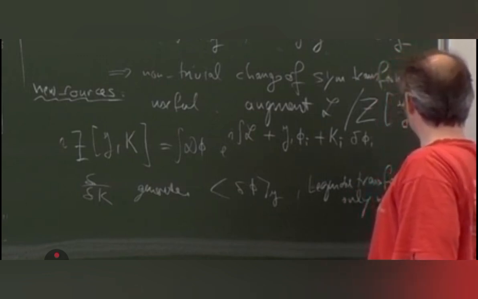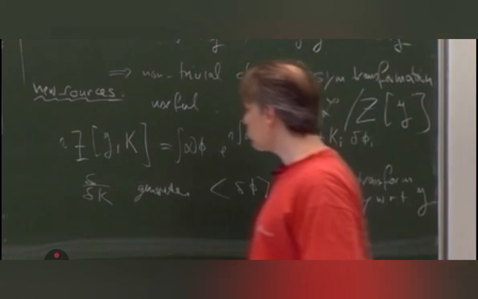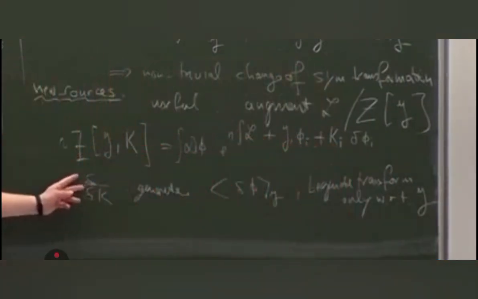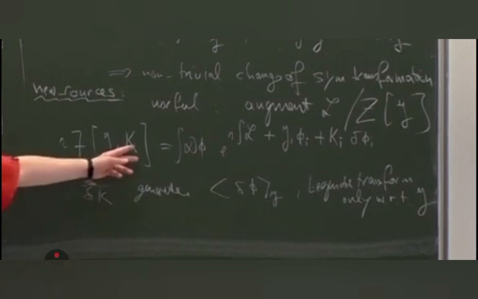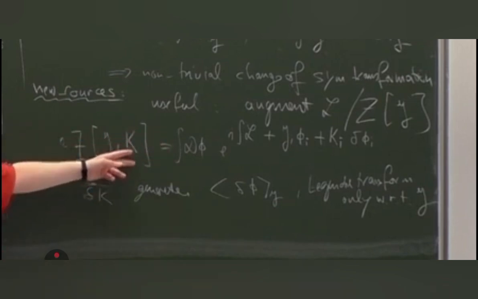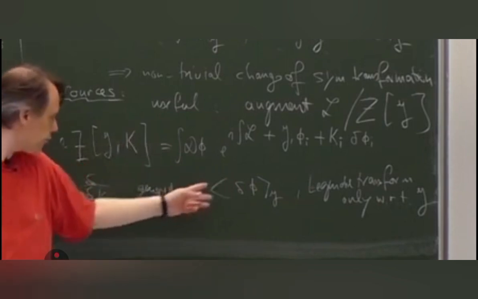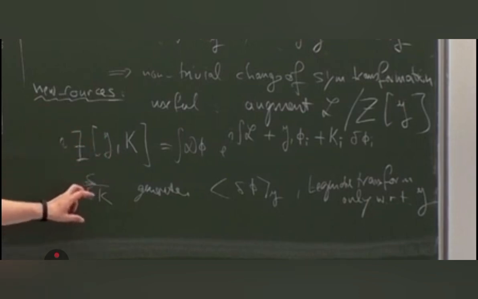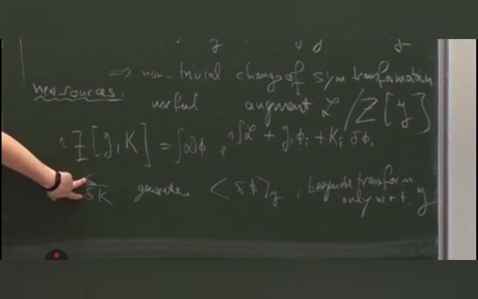The Legendre transformation is only with respect to j. Therefore, the derivative with respect to k, first of all applied onto the full generating functional, generates full Green functions involving this. But the same is true if you apply such a derivative onto the generating functional W for the connected Green functions, and it also remains true for derivatives of gamma with respect to k, that will generate one-particle irreducible parts.